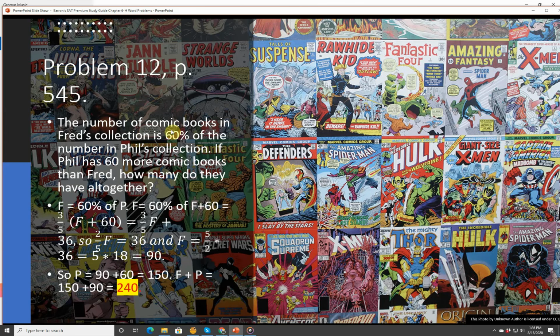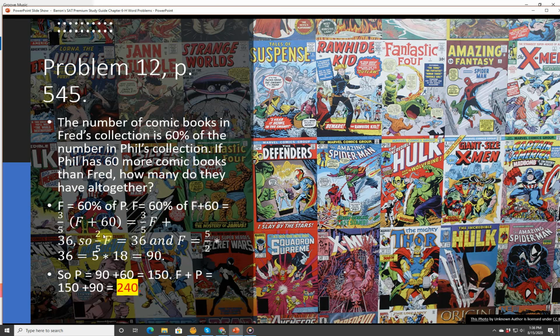Problem 12. The number of comic books in Fred's collection is 60% of the number in Phil's collection. If Phil has 60 more comic books than Fred, then how many do they have altogether? Well, F is equal to 60% of P, where F is the number Fred has and P is the number Phil has. F is 60% of F plus 60. So that's 3/5 of F plus 60, which is equal to 3/5 F plus 36.